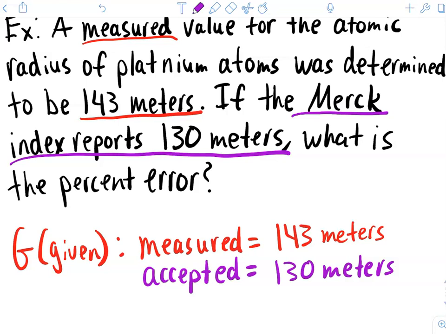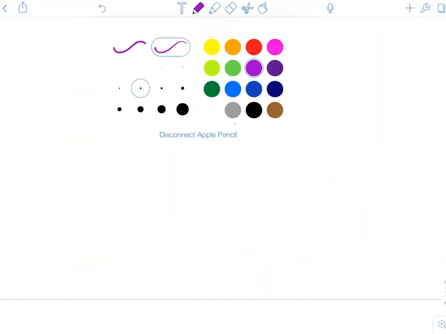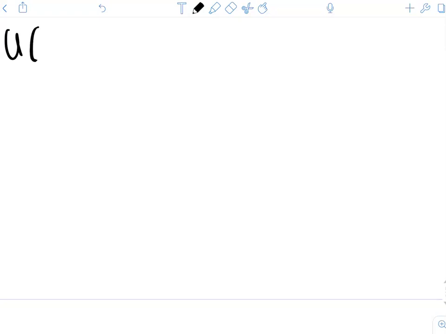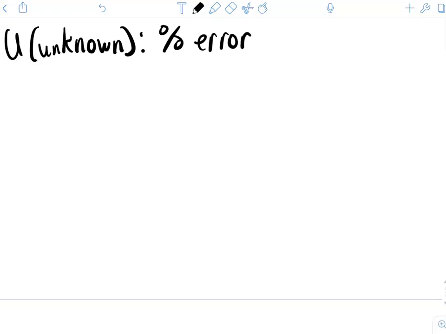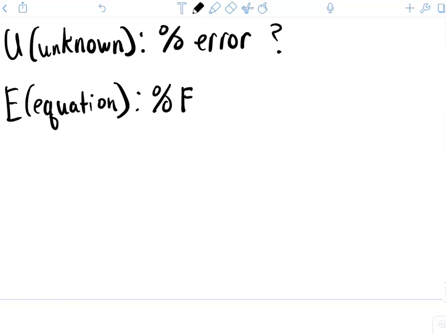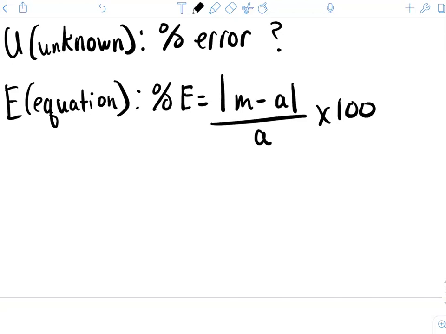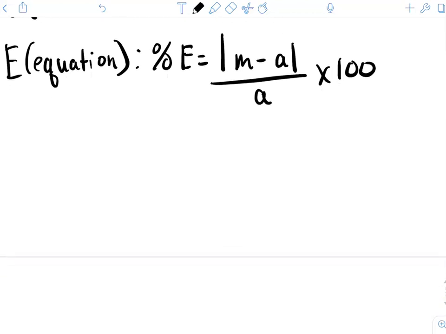Okay, so our unknown, or the thing that we are trying to solve for, is going to be our percent error. We don't know what that is. Our equation is going to be that our percent error equals our measured minus our accepted divided by the accepted times 100. And as you can see, I've kind of shortened that down a little bit, and that's okay. You can do that as well.